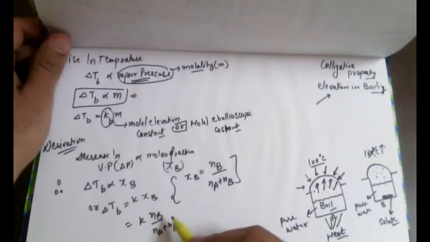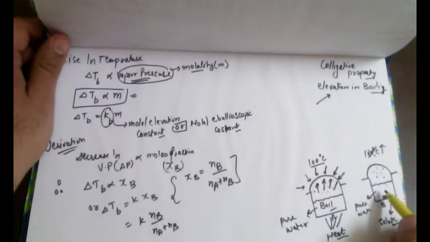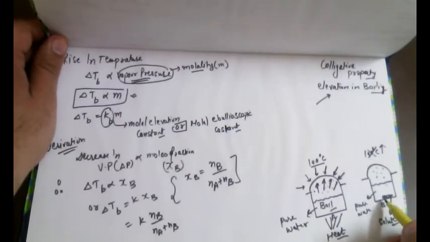Since the solution is so dilute, the amount of solute is negligible compared to the number of moles of solvent. The water is in excess, and if I add salt to the water, the number of moles of salt will be much smaller than that of water.